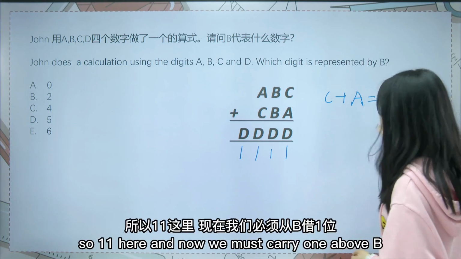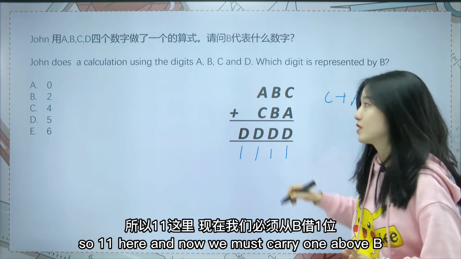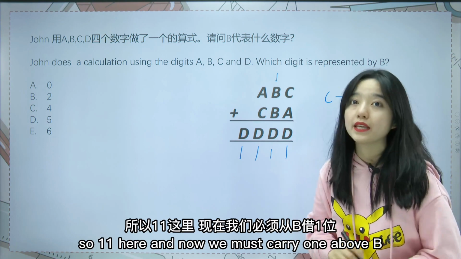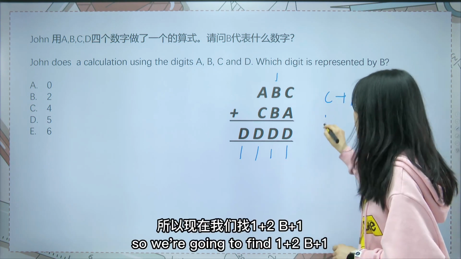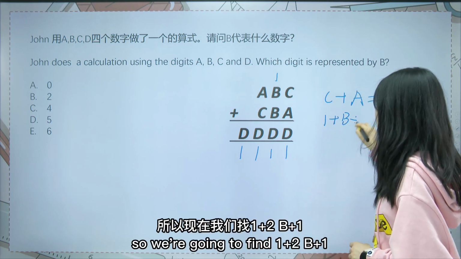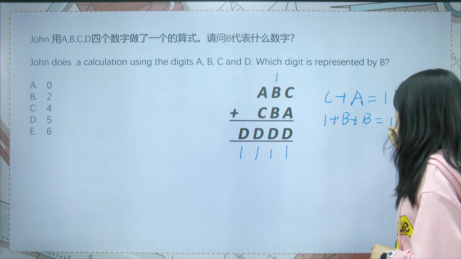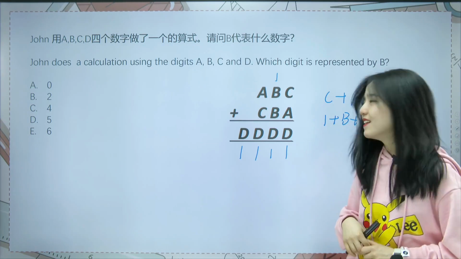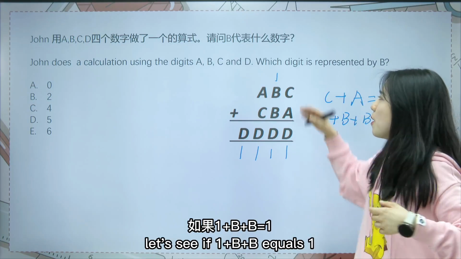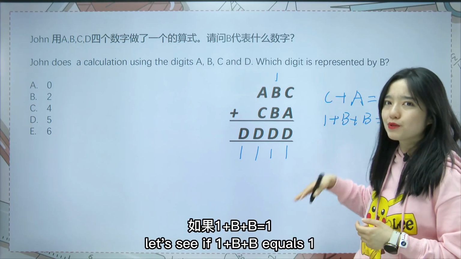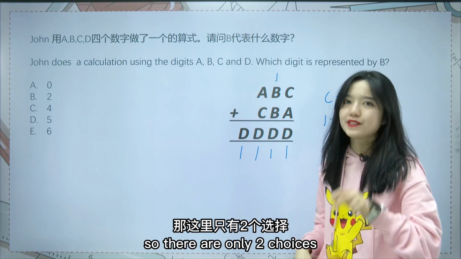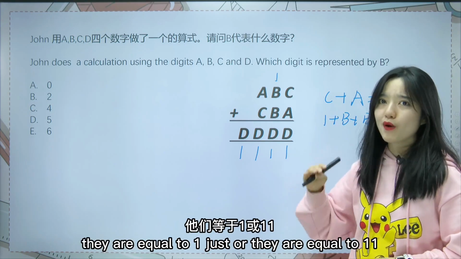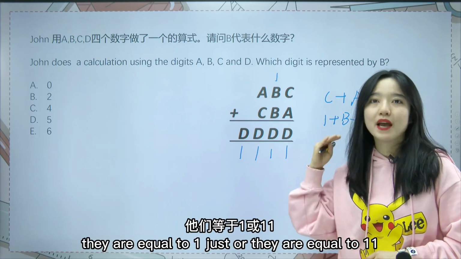So 11 here. And now we must carry 1 above B. So we are going to find 1 plus 2B plus 1. Can B plus B be over 10 again? There are only 2 choices: it equals 1, or it equals 11.